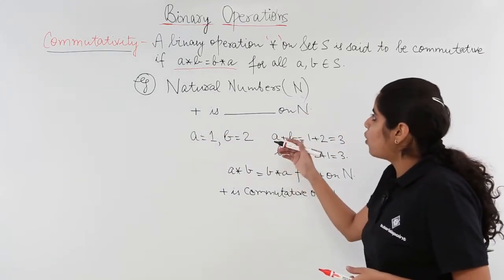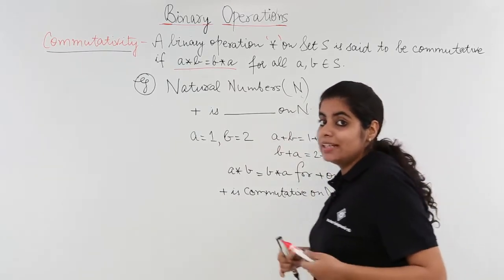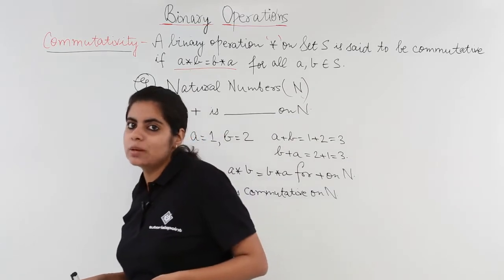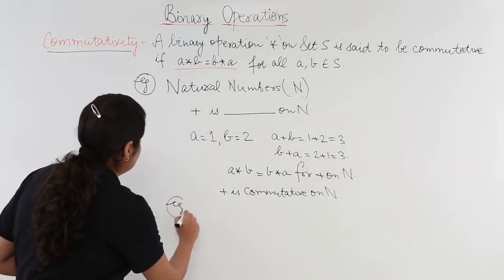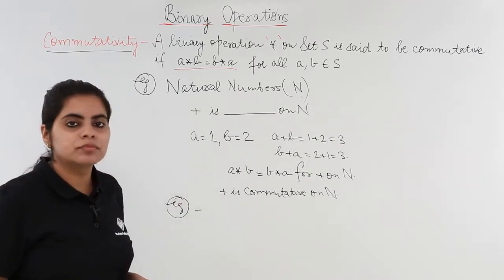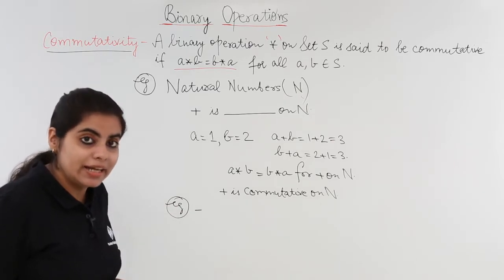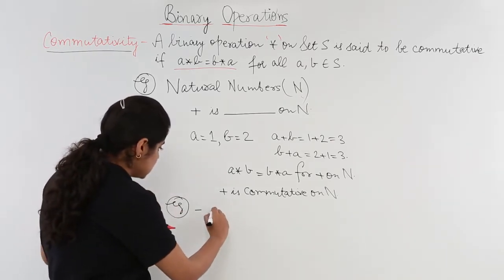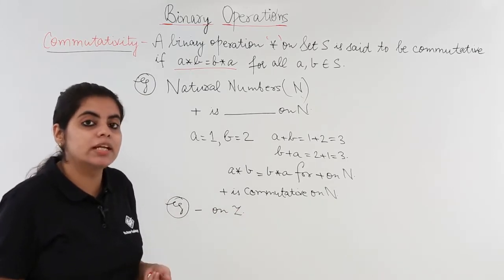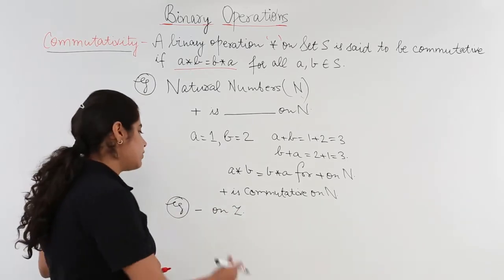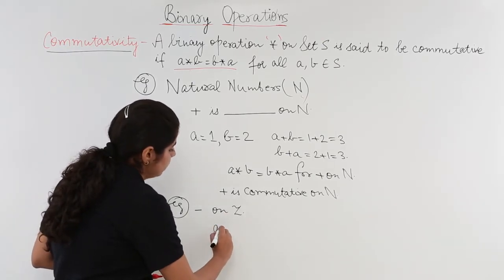Now, moving on from natural numbers, suppose I am asked to check the minus operation on Z, that is, minus on integers. If I have some integers, what is a star b?